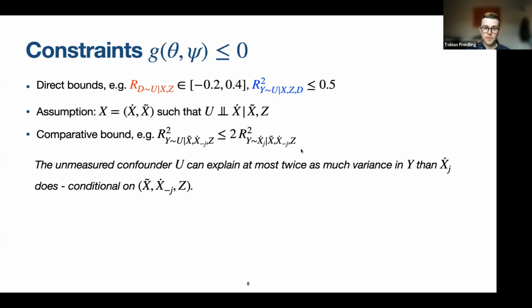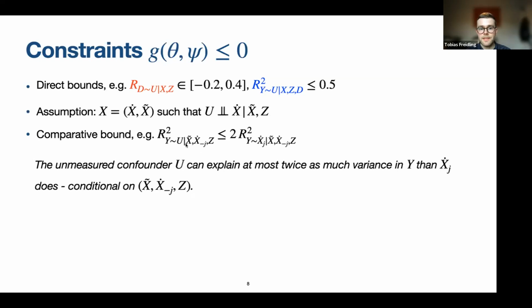So more formally, the statement up here means the unmeasured confounder u can explain at most twice as much variance in y than x dot j does, conditional on all of these other variables here. The strength of this bound here is that we can directly compare the unmeasured confounder with something observed.